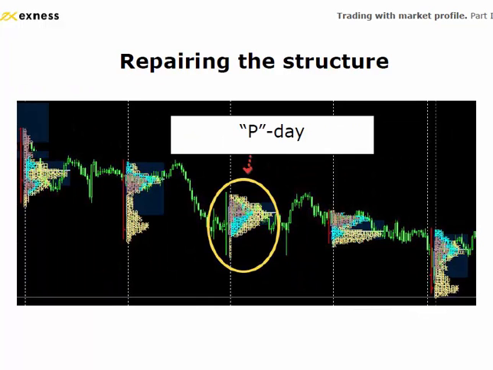Such anomalies are often shown on the chart in the form of elongated single print areas regardless of location. It can be a spike, or as I have said, a single print area occurring inside of the chart. On the chart shown here, you see a so-called P day. It looks like the letter P because of an elongated spike occurring right at the bottom of the market action.